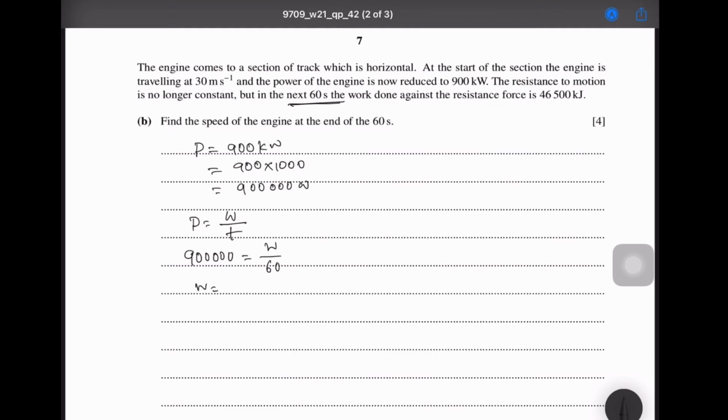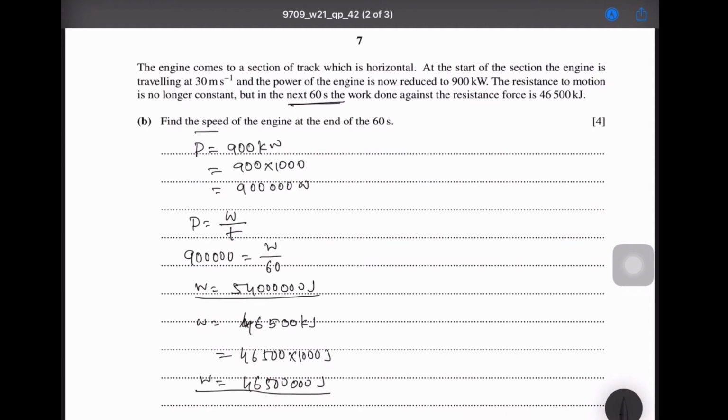So work done equals 54,123 joule. Resistance force, that is 46,500 kilojoule. That means 46,500 into 1000 joule. So it is becoming 46,500 and 3 zeros.